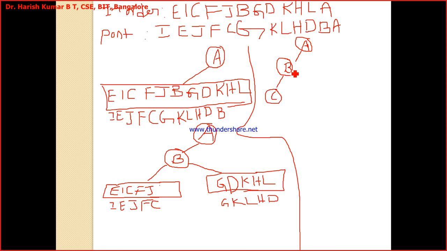So C is the left child of B, and D is the right child of B. Okay, next.